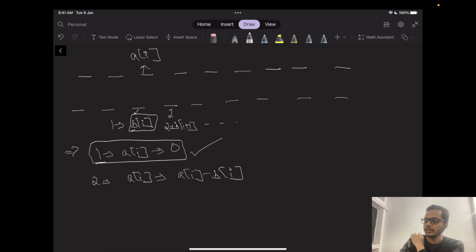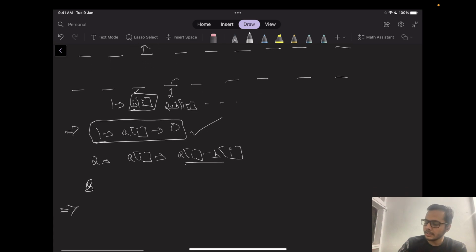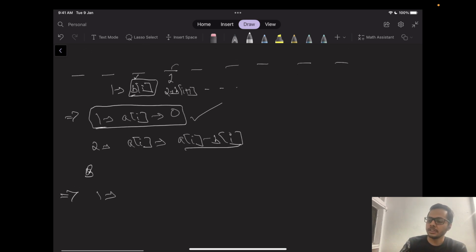But if this is not the case, then in the second iteration, the i plus one person will come and try to drink the ith tea. And we know that we have ai minus bi amount of tea. Then again, there are two cases. The first case is that the i plus one person will finish this entire tea, so ai minus bi becomes zero.